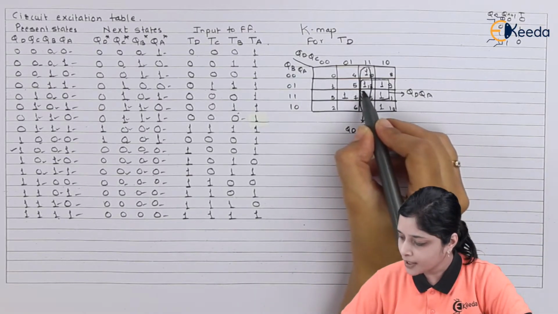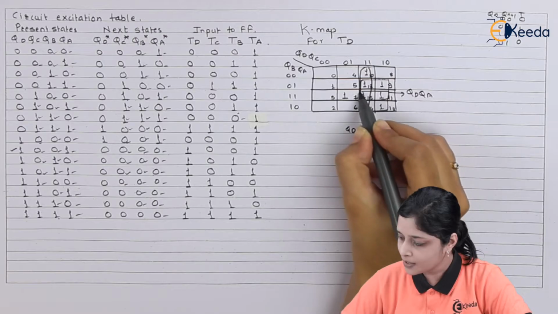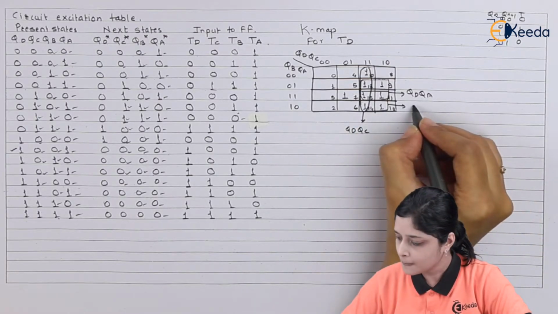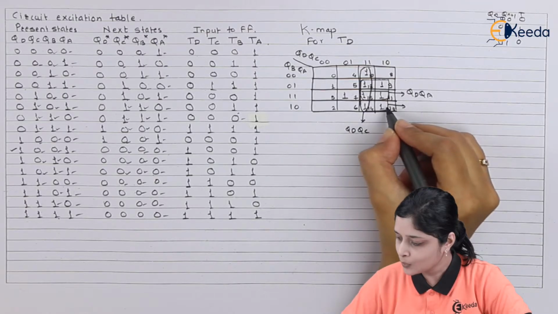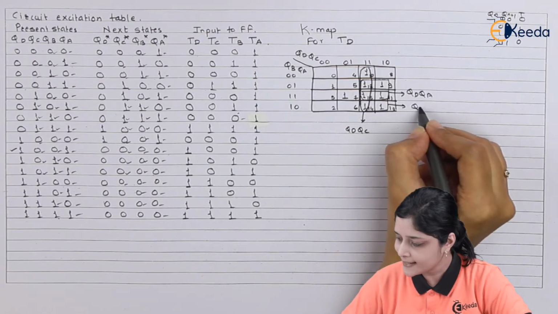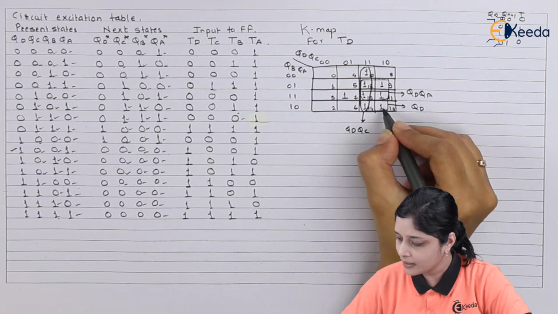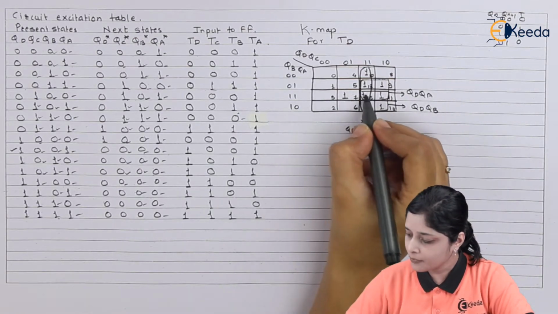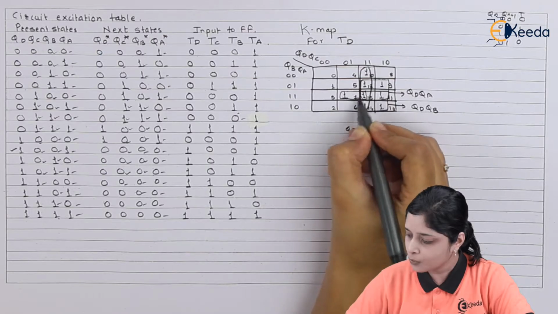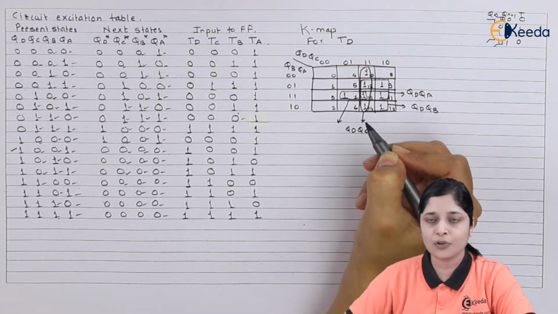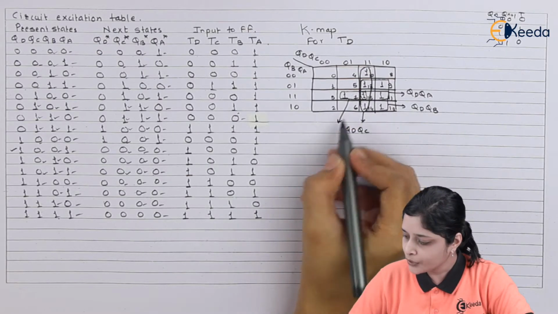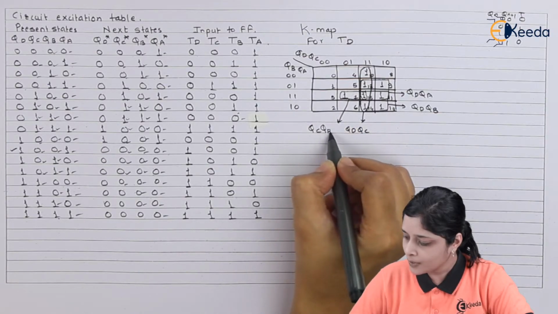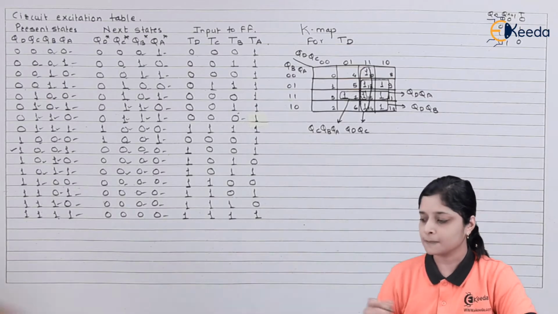After that we have to take a group of these 4 ones, and the equation for this is: for these two we have QD is same and here QB is same. After that only 1 is remaining, so we will take a group of 2 ones, and the equation for this is: for these two we have QC is same, and for this one QB and QA.